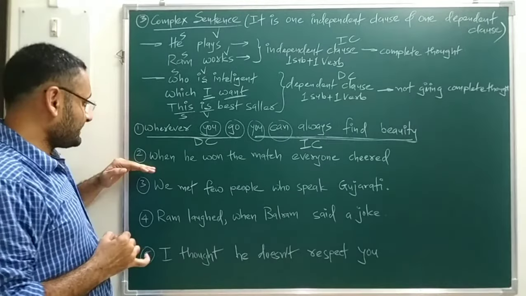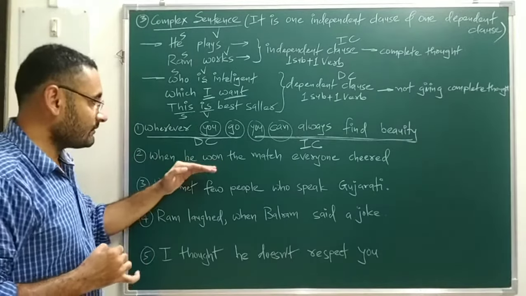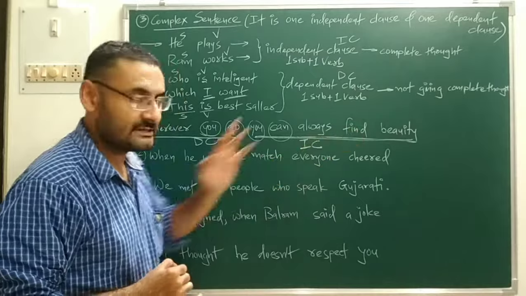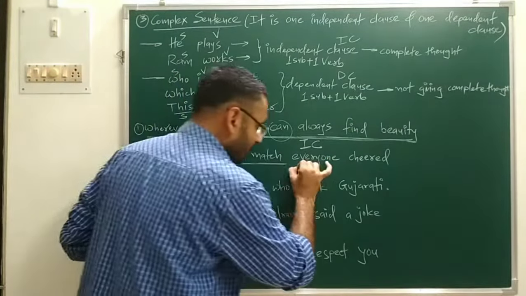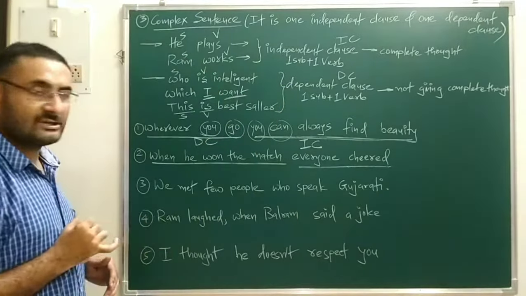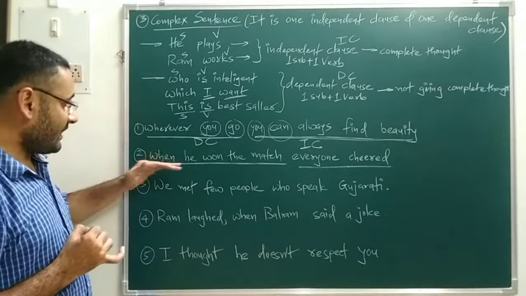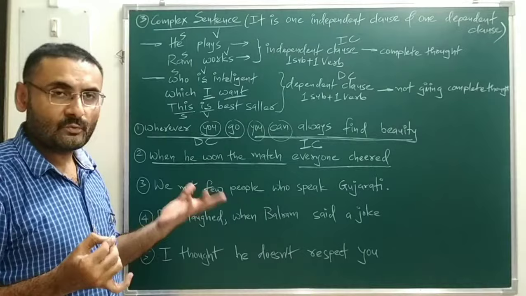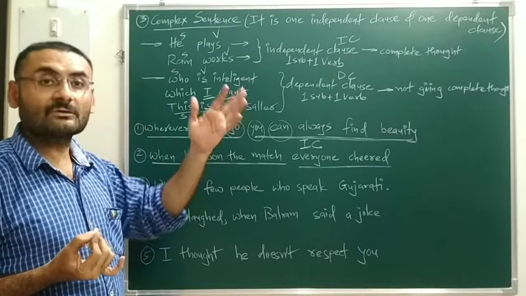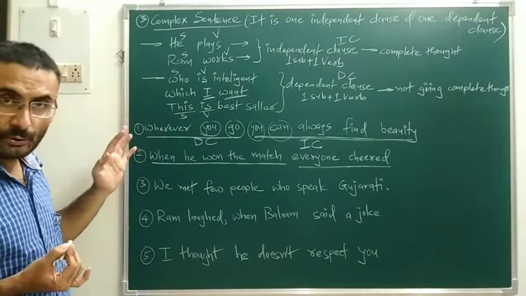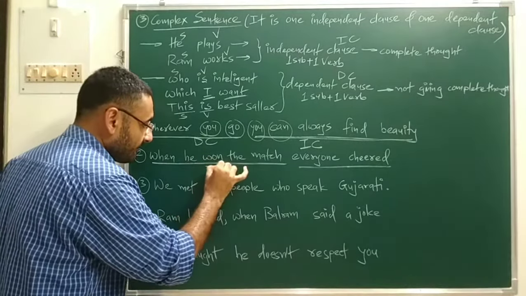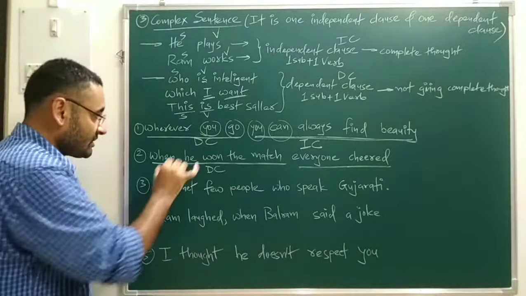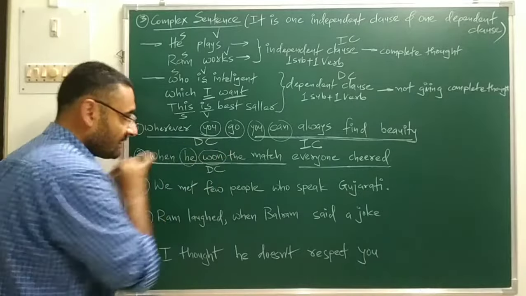Okay. Now next is: When he won the match, everyone cheered. So when he won the match is one clause or one sentence, then everyone cheered is another clause. When he won the match, we don't know when. Today, tomorrow, or in the past, we don't know. So the thought is not complete. That is why it is a dependent clause, in which one subject and one verb are there.